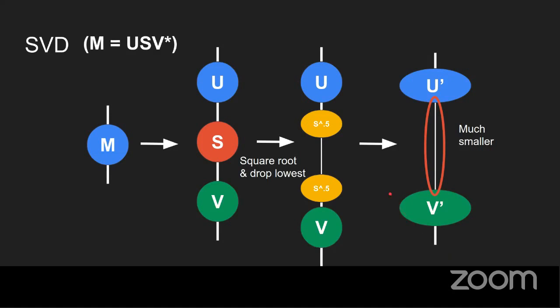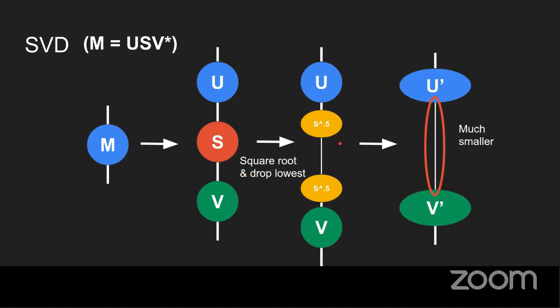And one of the things that we actually do, and a real use case of this I'll be describing later down the line, is when we take this step where we take the square root of S and split it into 2 nodes, at the same time we drop the lowest singular values. And so what that does is that allows us to effectively compress our matrix into a low rank representation of what it was before. So let's say M was a somewhat large matrix, maybe 1,000 by 1,000.